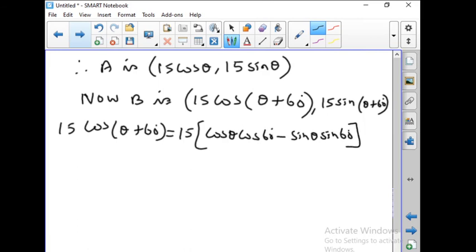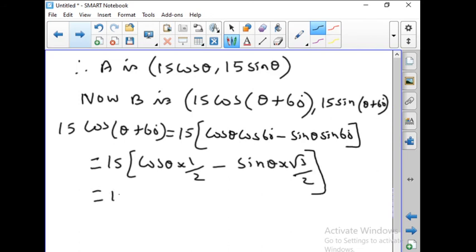So, it is equal to 15 into cos theta into 1 by 2 because cos 60 is 1 by 2, and minus sin theta into root 3 by 2.